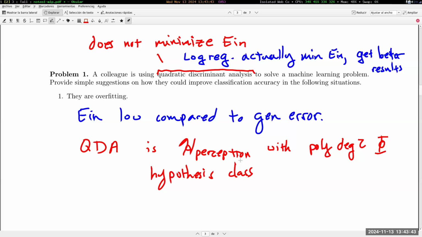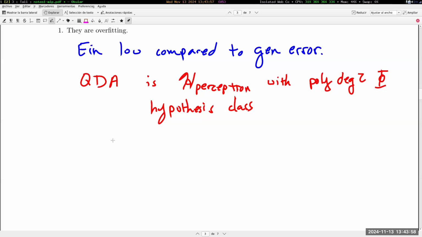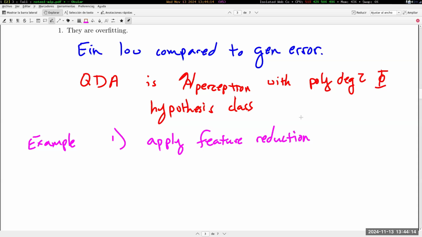And so any tool that we had previously for talking about the perceptron model with this second degree polynomial class and how to prevent overfitting, we can apply to quadratic discriminant analysis. So I'll just write 2 examples here. We could come up with more though. Example solutions are, first, apply a feature reduction method to reduce our features down and prevent the overfitting.